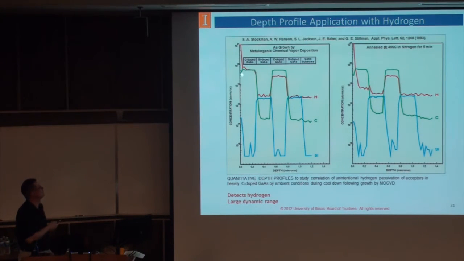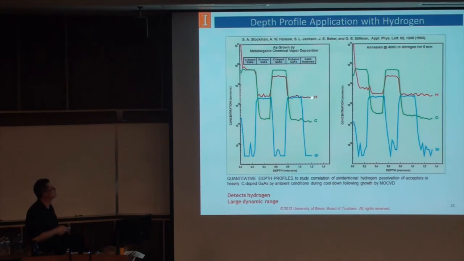This is an example on our Kamika that we did with a depth profile application. So this was a gallium arsenide thin film that was doped variously with silicon or carbon, and they were seeing some passivation of acceptors in the film, and so they realized that it was hydrogen.